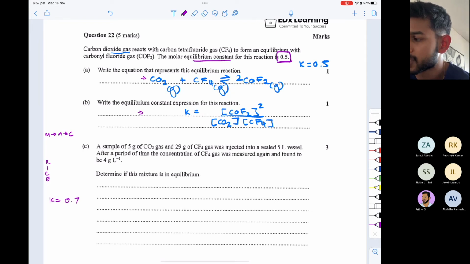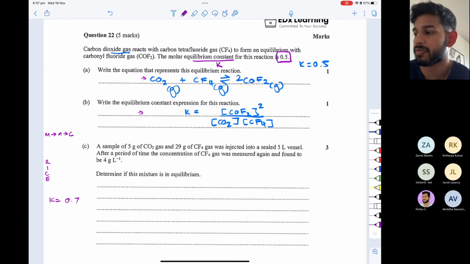So we know, no matter what, at this temperature, K will always be 0.5. Let's just say the temperature here is 0 degrees Celsius. So at 0 degrees Celsius for this reaction, K will always be 0.5. If K is not equal to 0.5, the system is not in equilibrium.